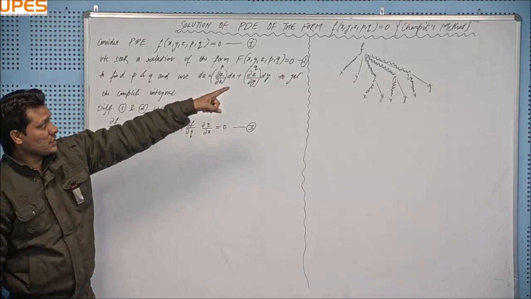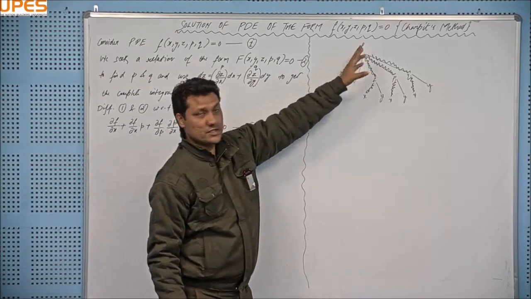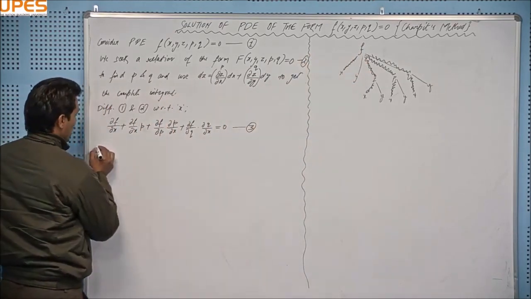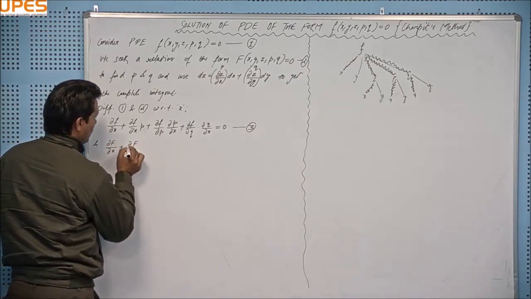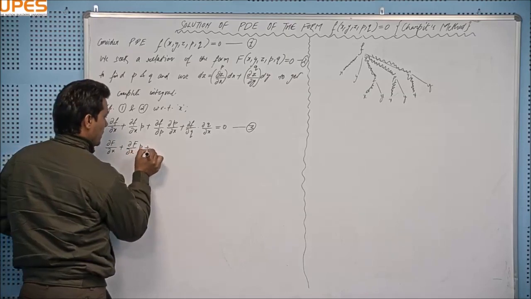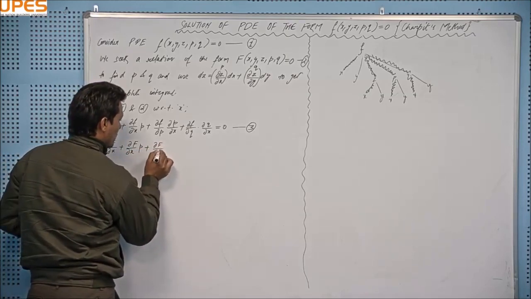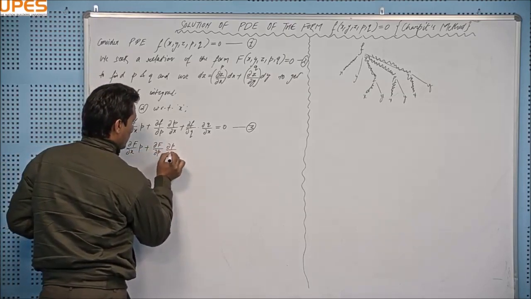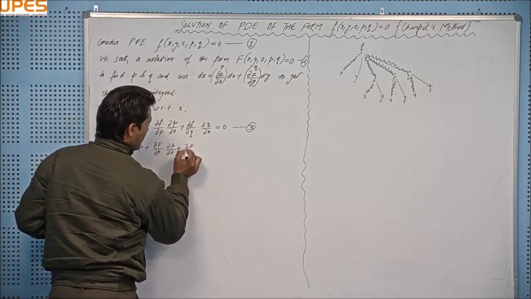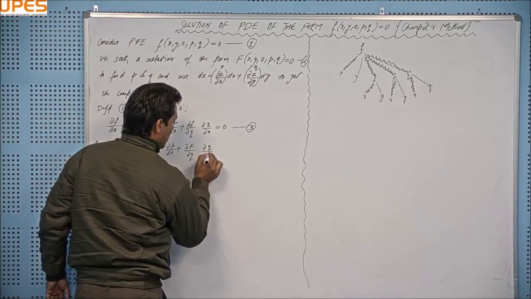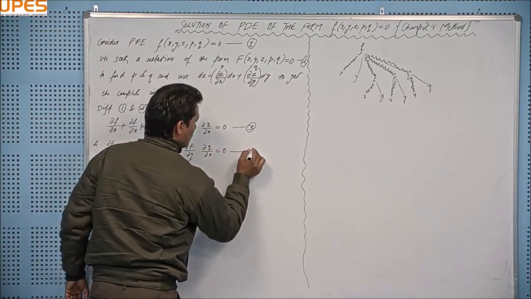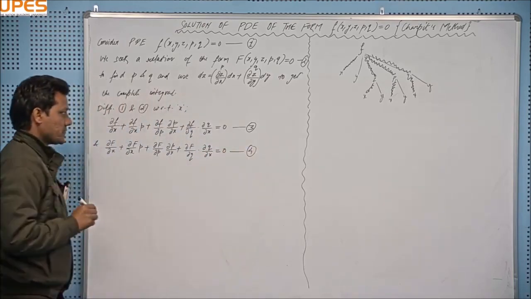So think capital F in place of small f. Your equation will be ∂F/∂x plus ∂F/∂z p plus ∂F/∂p ∂p/∂x plus ∂F/∂q and ∂q/∂x equal to 0. This is equation number 4, right?